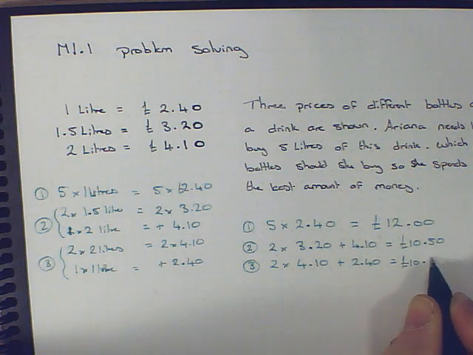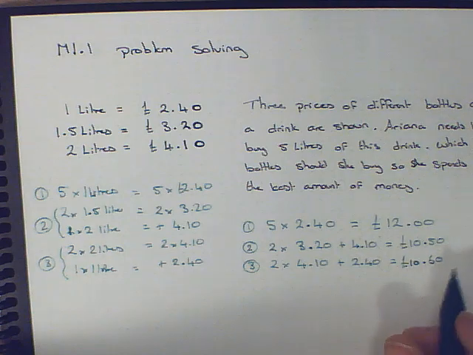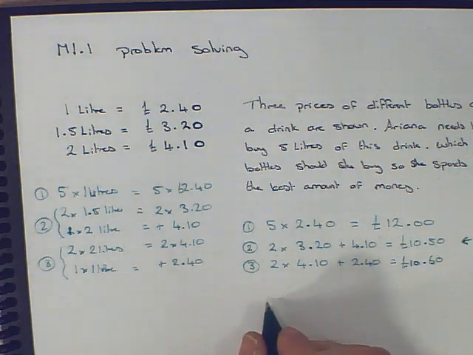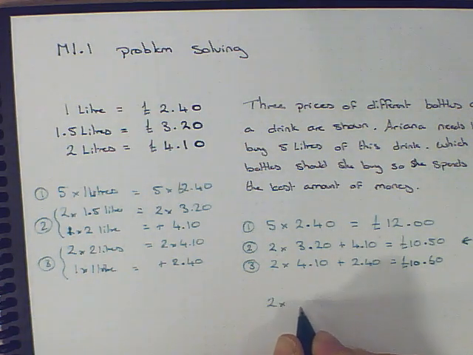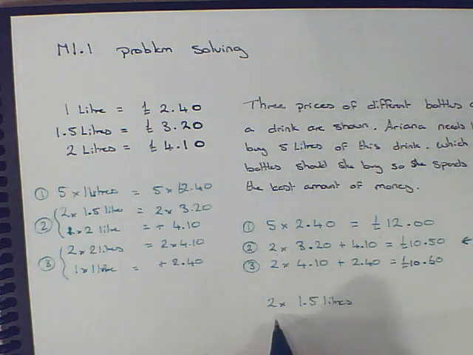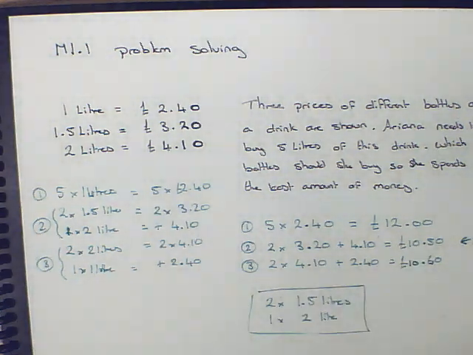It was quite close in the end, so glad we explored that one. Option 2 is the best price by only 10p. So we would have bought 2 of the 1.5 litre bottles and 1 times the 2 litre bottle. That would be our answer there.